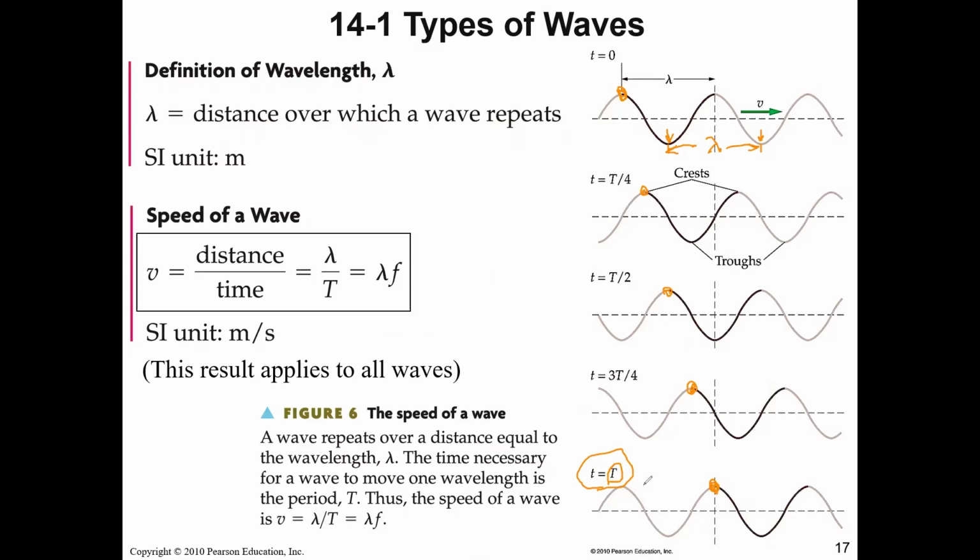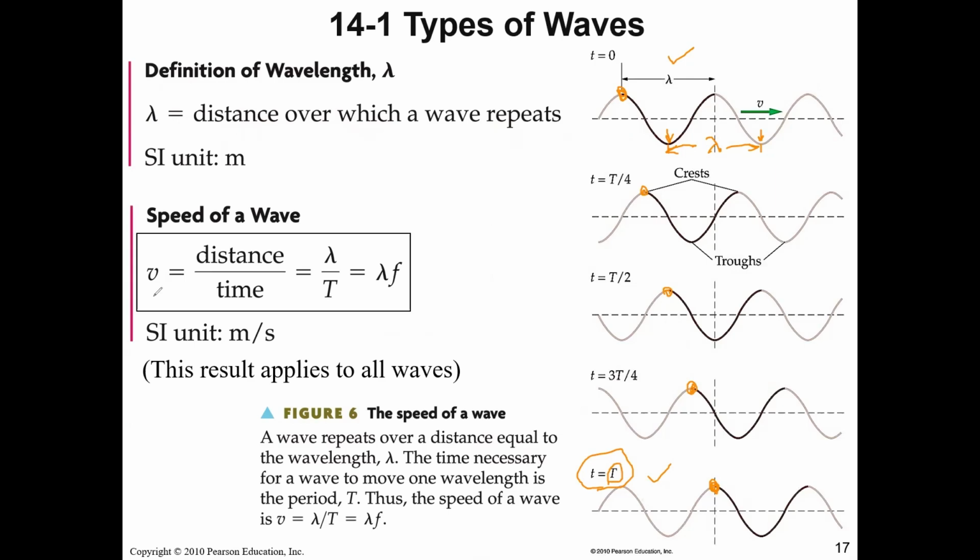So if we look at the wave at t equals T and the wave at t equals 0, we cannot distinguish the wave. Basically, the wave repeats itself also in time. And this period of time that the wave takes to repeat itself is called the period, capital T.